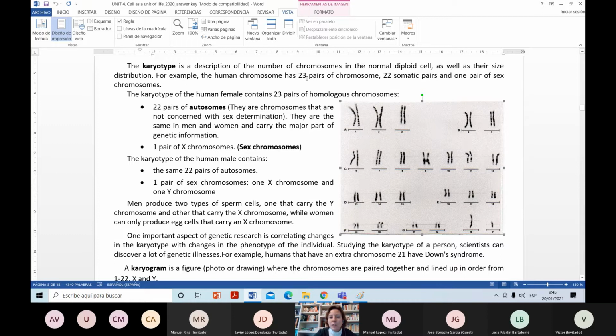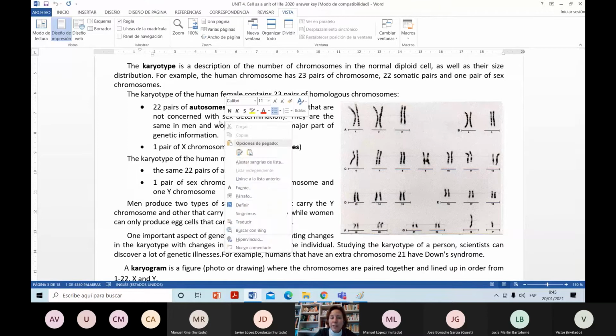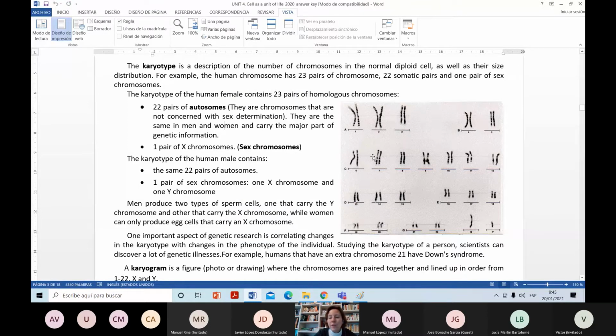For example, in humans, we've got 23 pairs of chromosomes, but we've seen that 22 of them always go 2 by 2, being identical. We call them somatic pairs or pairs of autosomes, okay? We call them like that because none of them are going to determine the sex.